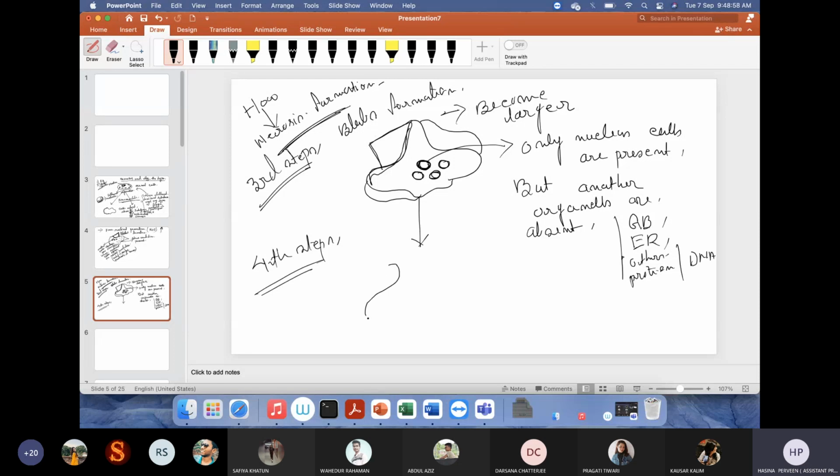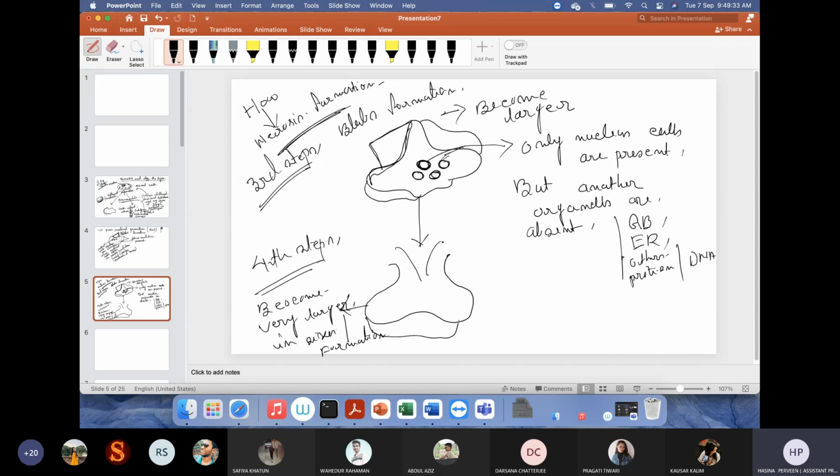That means cell formation become very larger in size. Only the nucleus is present here, but in this condition, cells come out.